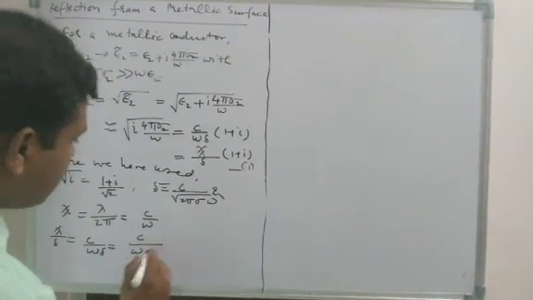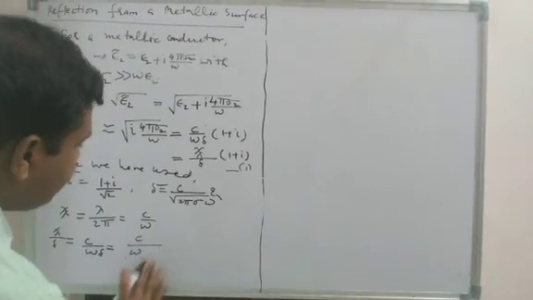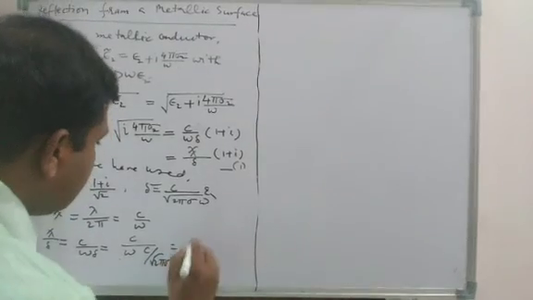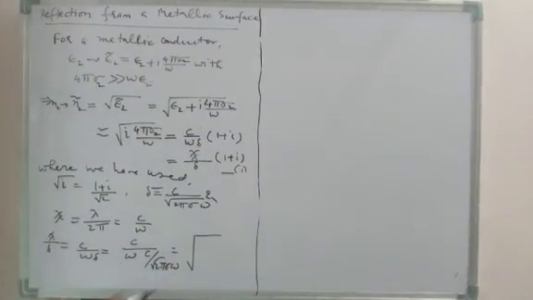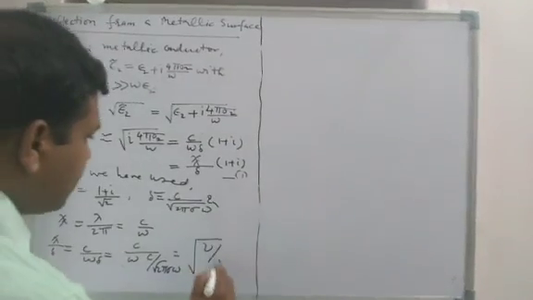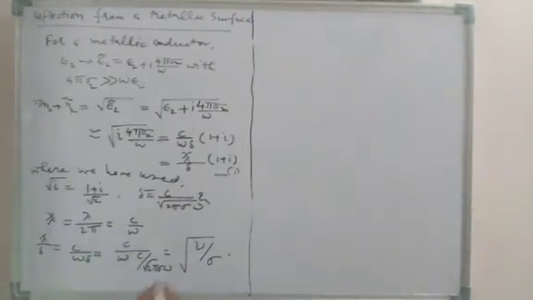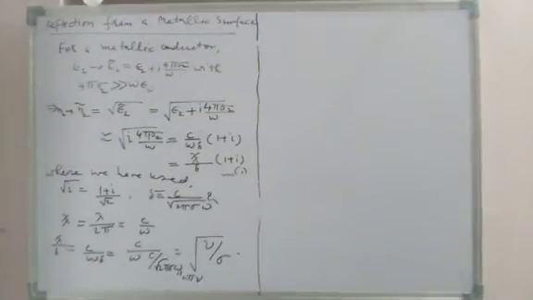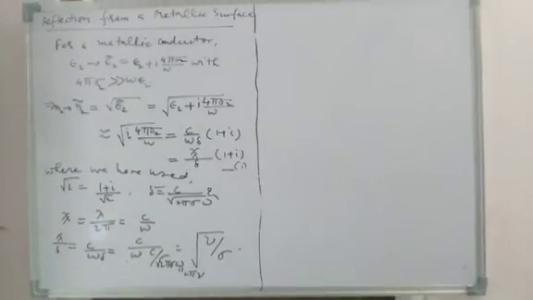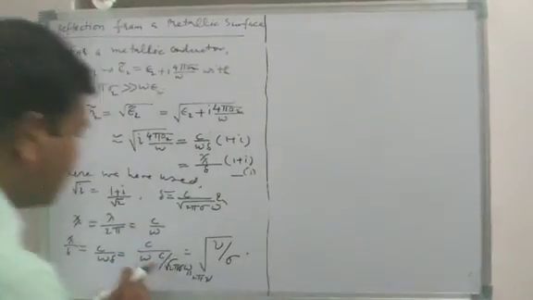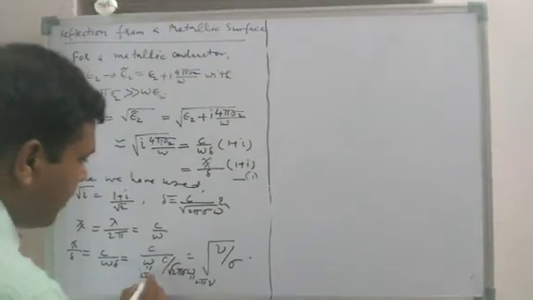So therefore, root 2 pi omega, because omega is 2 pi nu, gives us omega by 2 pi sigma, which is also 2 pi nu.